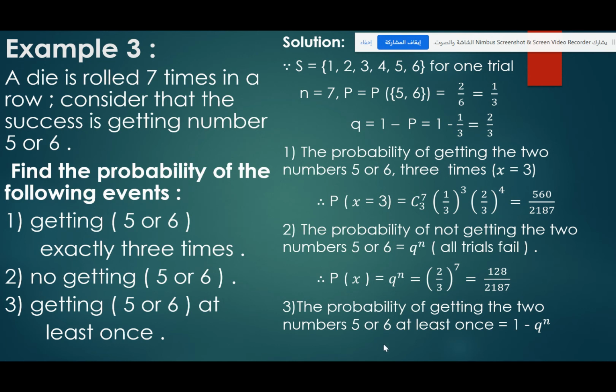You will get finally, after equaling the denominator, the following. So you will get the probability of x, which is 1 minus q to the power of n, is 1 minus that result. After equaling the denominator, you will get 2059 over 2187. Remember that the numerator is smaller than the denominator to make it smaller than 1.